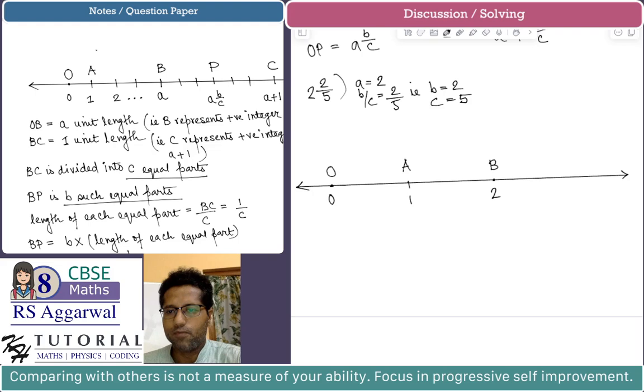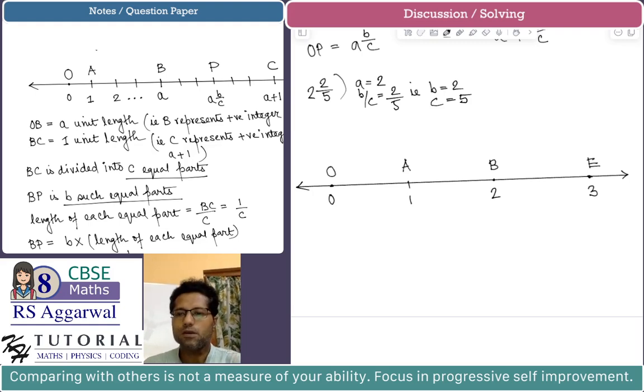I have marked the point B on the real line at a distance of 2 units from O to the right-hand side. Why 2 units? Because the whole part in the rational number 2 and 2 by 5 is 2. Now I will take the point E at unit distance from B. Since B represents the integer 2, E will represent the integer 3, 2 plus 1.